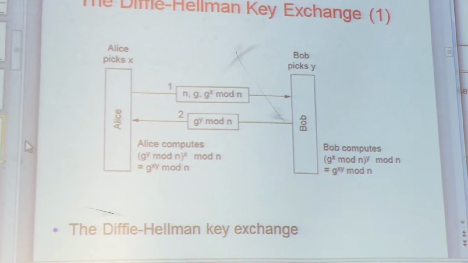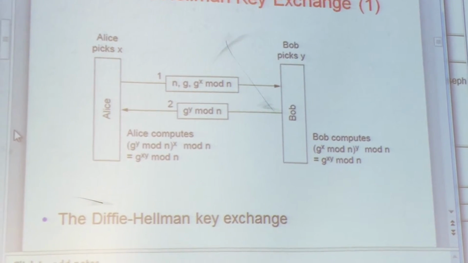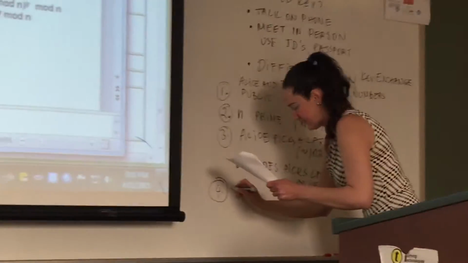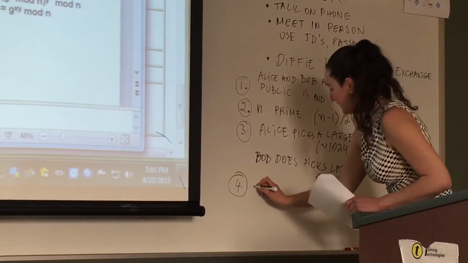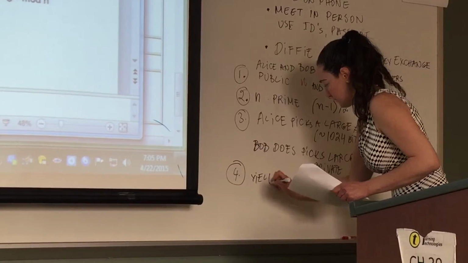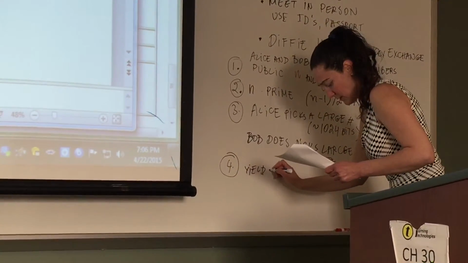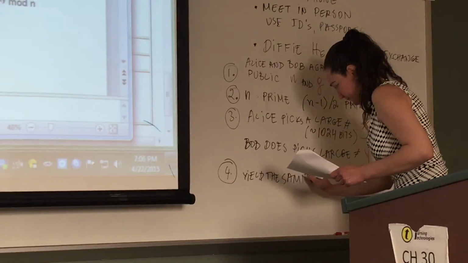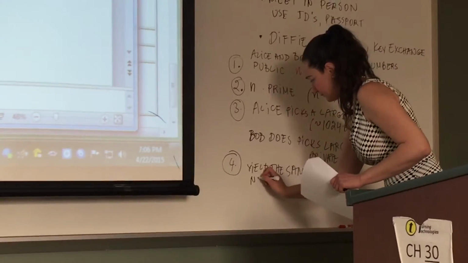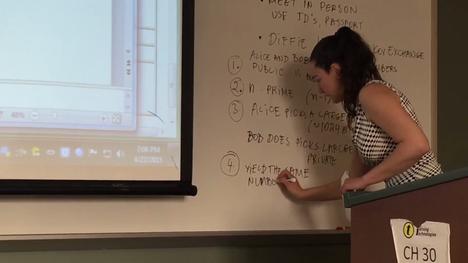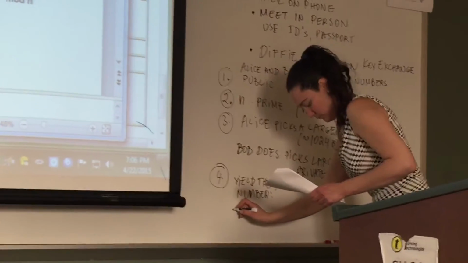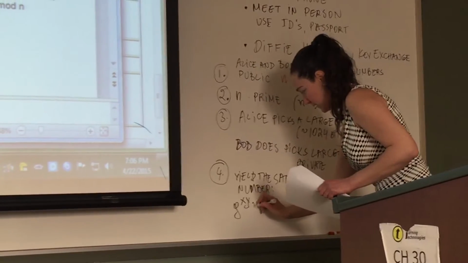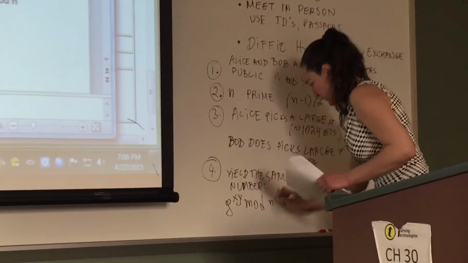Once we apply this formula, both of them end up with the same result, with the same number. The number is g to the power of x times y modulus n.